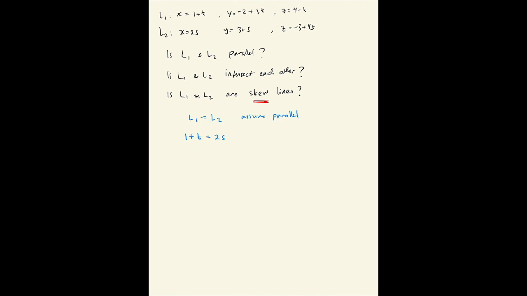And then negative 2 plus 3T is 3 plus S. And we also have 4 minus T equal negative 3. So you have these three equations.